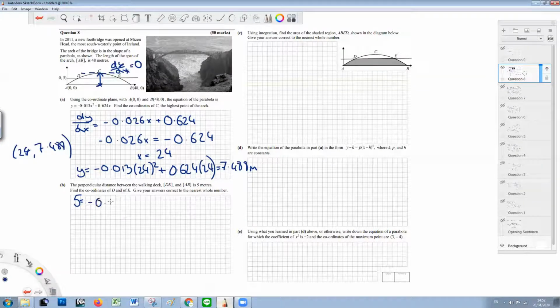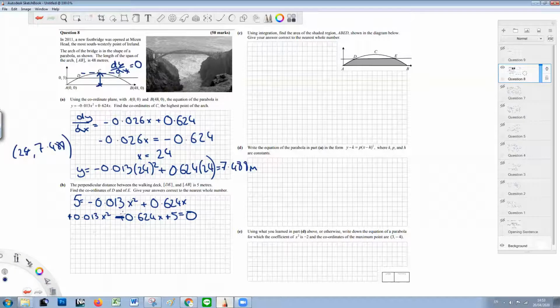So minus 0.013x squared plus 0.624x, which is the same as minus 0.013x squared plus 0.624x minus 5. So I'm going to change that to a plus, change that to a minus, change that to a plus, and let the whole thing equal 0.